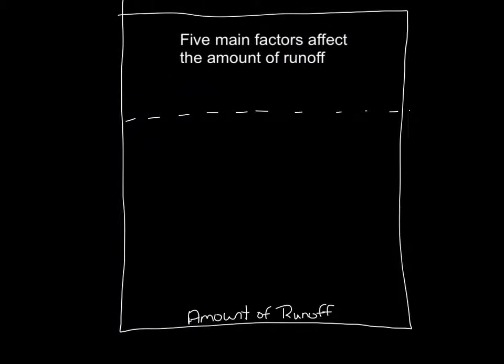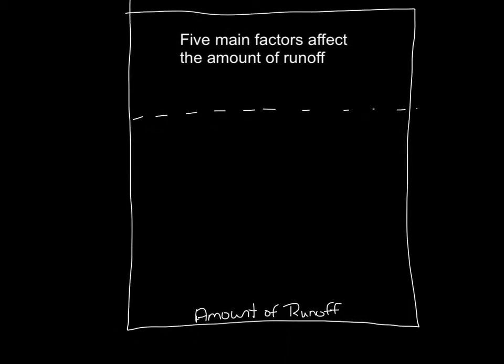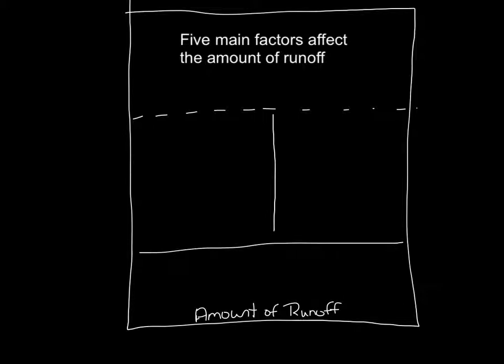Okay, so there are 5 main factors that affect the amount of runoff. So the bottom part, we're going to actually divide into 5 different squares. Okay, the first main factor is the amount of rain.